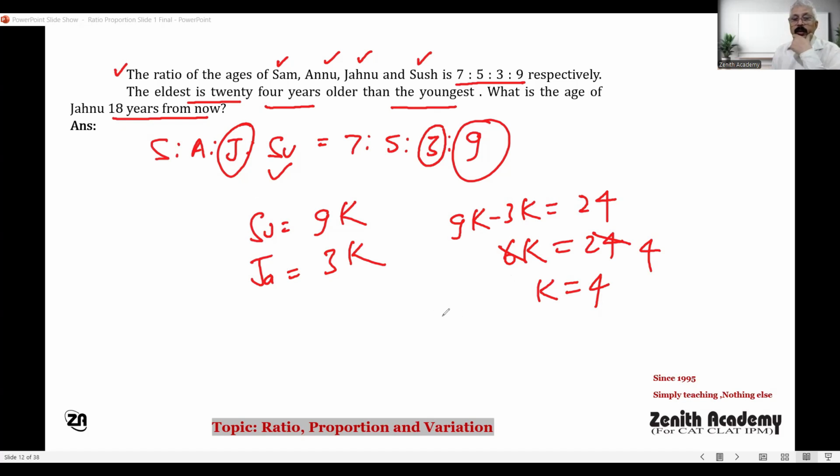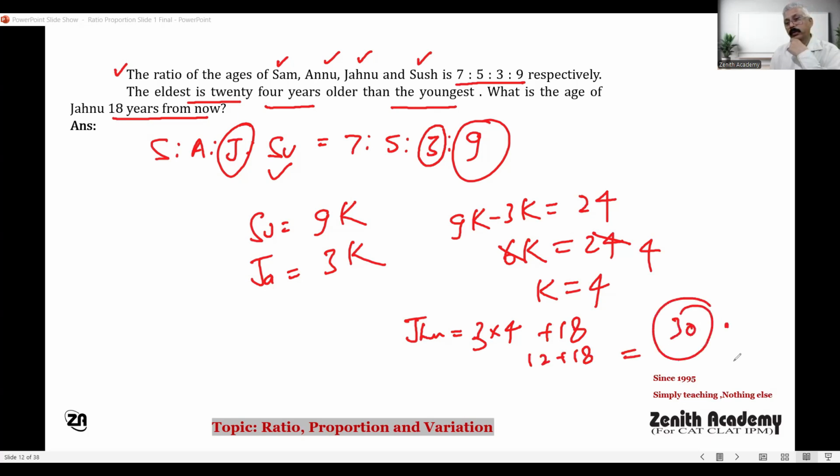Right now Janu is 3k, means 3 into 4, 12, which is the present age. After 18 years, 12 plus 18 is equal to 30 years. This is your answer.